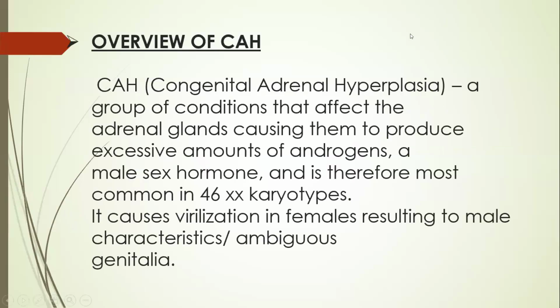This causes ambiguous genitalia, and this is the reason they land in our mental health department, because of the implications we have to deal with, for example, when a female child or girl presents with ambiguous genitalia.